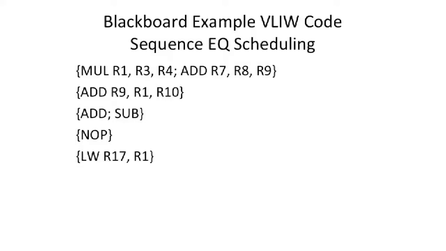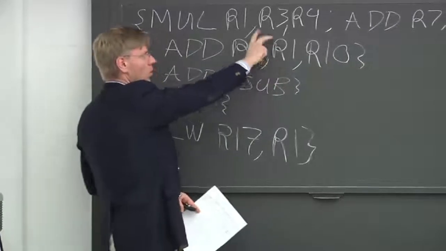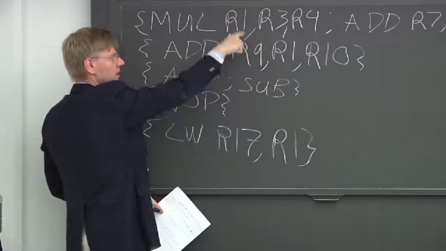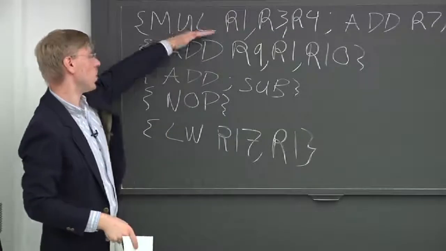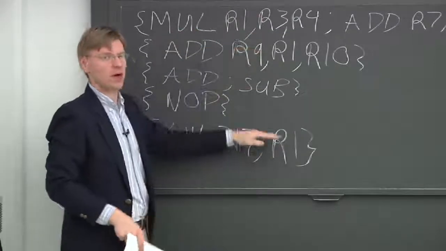problem. If we were to try and take the same piece of code and run it in an LEQ model, the main difference is this add here, which reads R1, would not be allowed in the shadow here. So what would the shadow of this multiply, or the delay of the multiply?